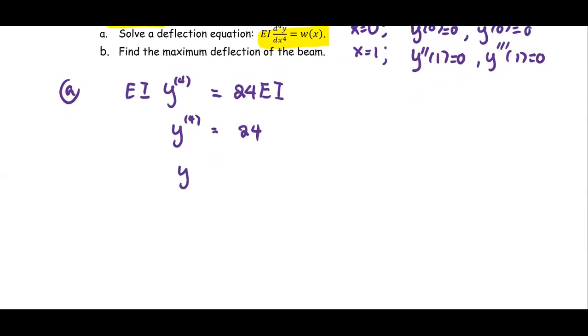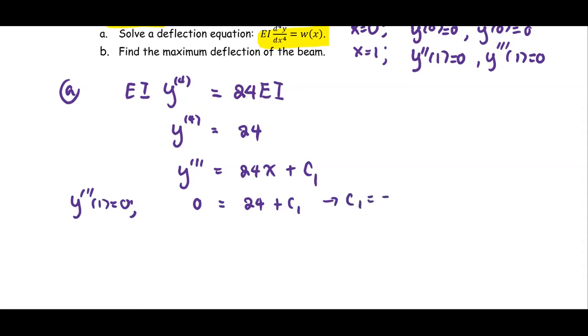For the third derivative, we get 24 times x plus c1. With the condition y triple prime at 1 equals 0, 0 equals 24 times 1 plus c1. Therefore, c1 equals negative 24, and y triple prime is 24x minus 24.